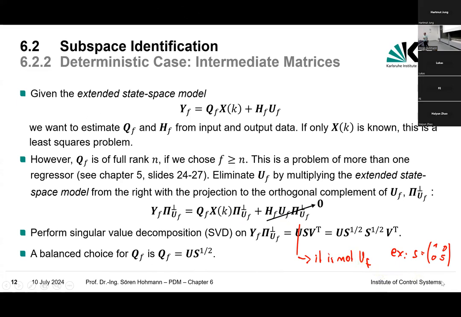We say, okay, because the left-hand side is given, you can split the left-hand side into these two parts, and the association is that you say, okay, this first part belongs to QF, and the second part is XK times pi UF orthogonal, of course.